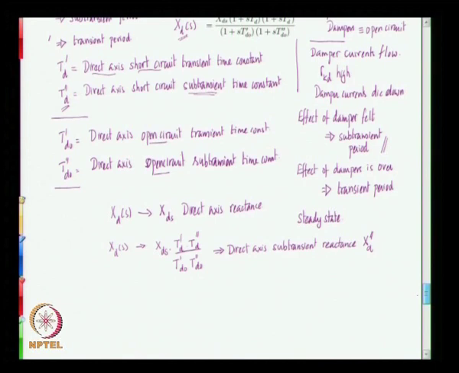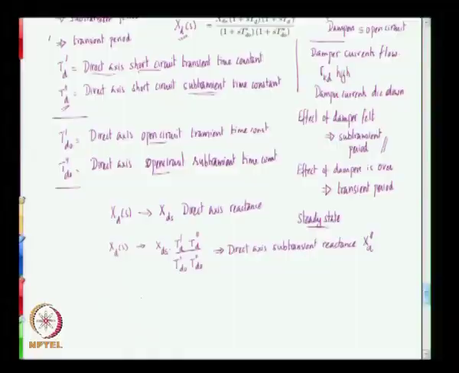So x_d double dash is a simplification of x_d of s under situations where s may be assumed to be large and where there are fast varying effects in the system.